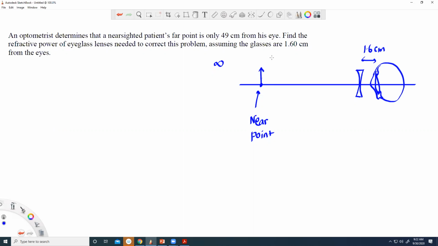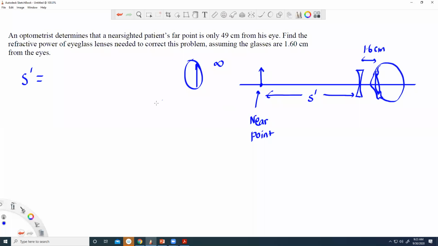Beyond that, it's blurry, okay? So you need to form the image of this object at that point. That means image distance would be that, okay? So this distance would be the image distance, S prime, because the function of this diverging lens is to form image of this object at that point.